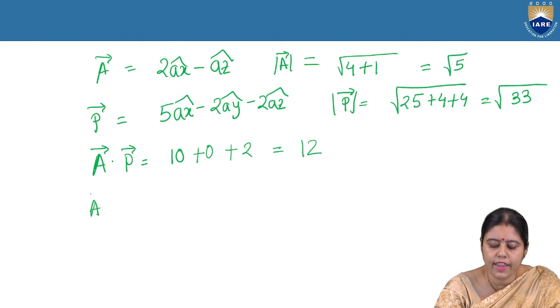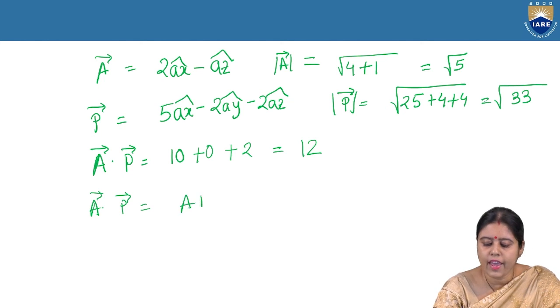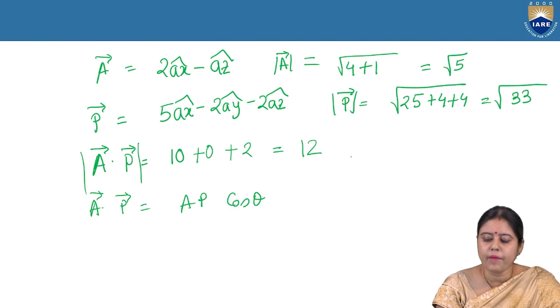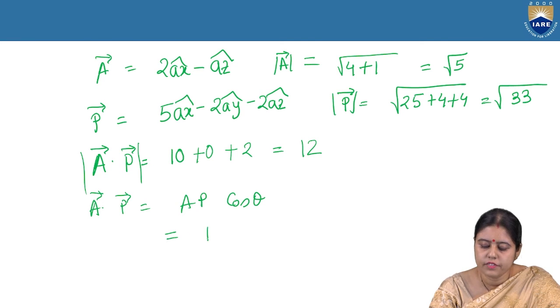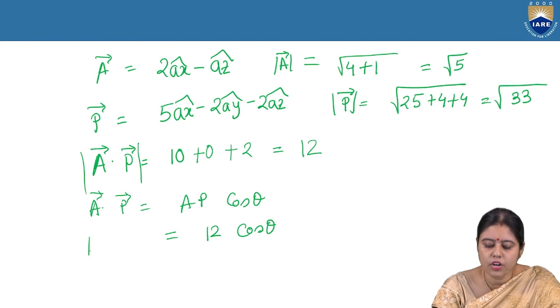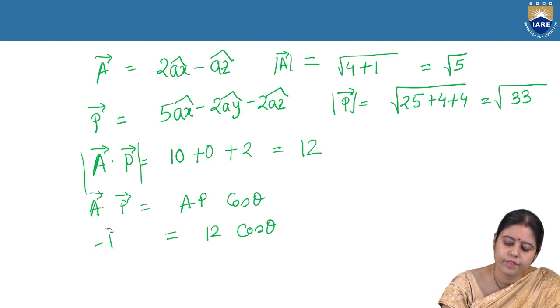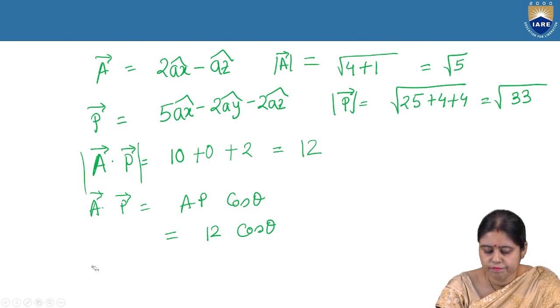Dot product is A dot P is equal to AP cos theta. So already we got the magnitude 12. 12 cos theta. And what is the mod of A and mod of P? So what is cos theta?